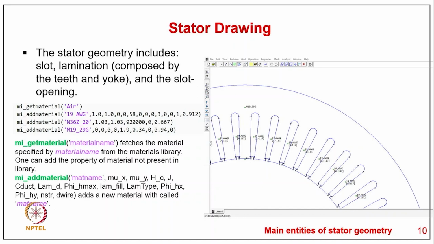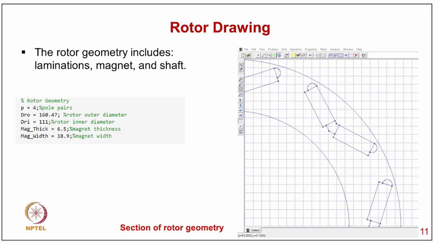MI geometry material name fetches the specified material name from the material library. One can add the property of a material not present in the library. And MI add material metal mu x mu I SCJ heat conductor adds a new material called mat name.